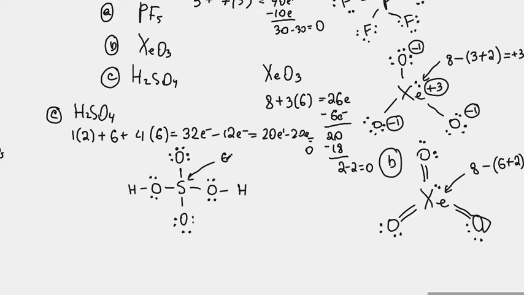Sulfur has 6 valence electrons because it's in group 6, and we subtract the number of bonds plus lone electrons on sulfur. Sulfur has 4 bonds, 1, 2, 3, 4, and it has no lone electrons. Therefore, the formal charge of sulfur is +2. If you check the oxygens, you will see that the formal charge on each of those oxygens is -1.